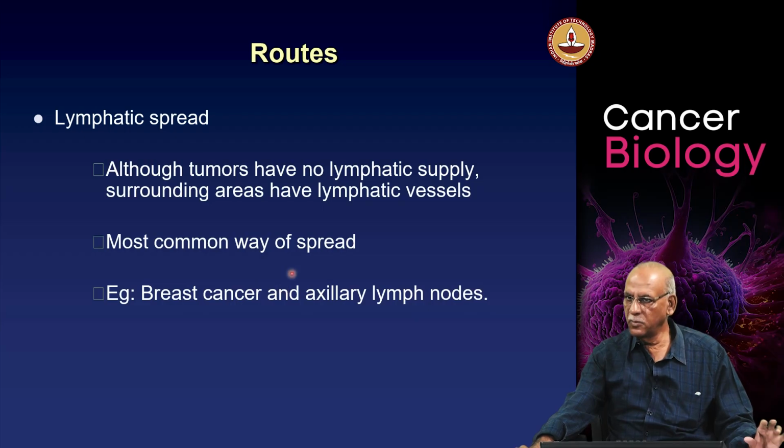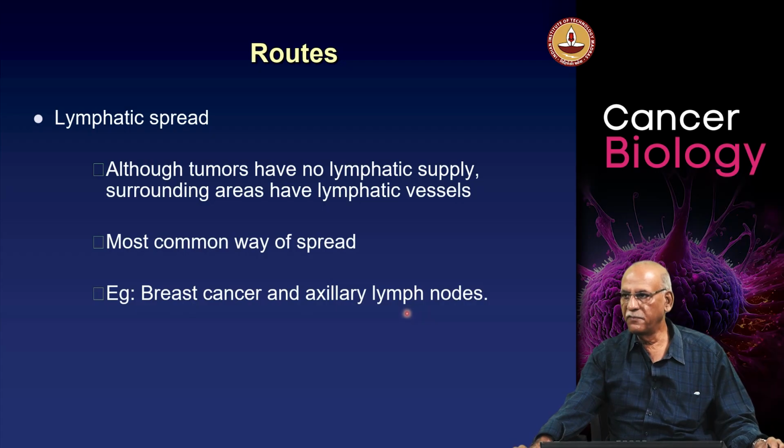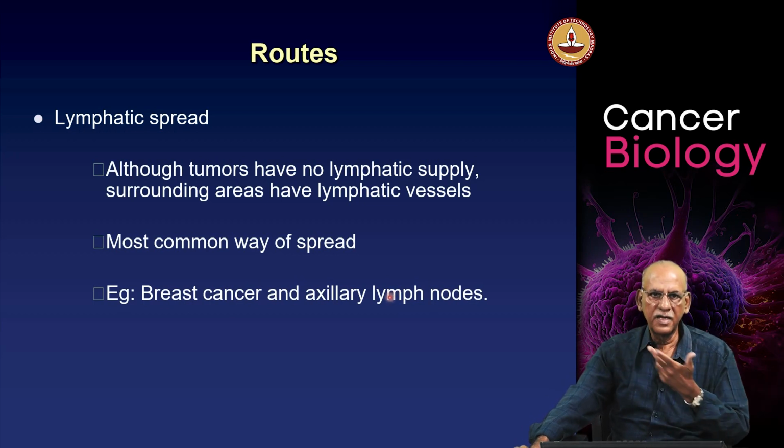So, the basic routes are the lymphatic spread. Although tumors have no lymphatic supply by themselves, surrounding areas have lymphatic vessels. So, the most common way by which they spread is through the lymphatic route. Breast cancer and axillary lymph nodes. If you go to a doctor, the first thing they will look at is the lymph nodes, the axillary lymph nodes or many other lymph nodes and so on.